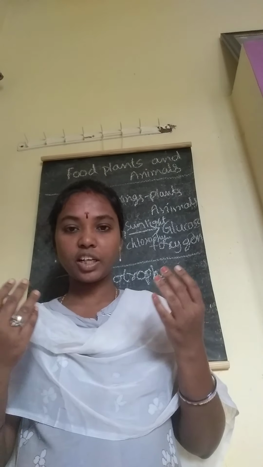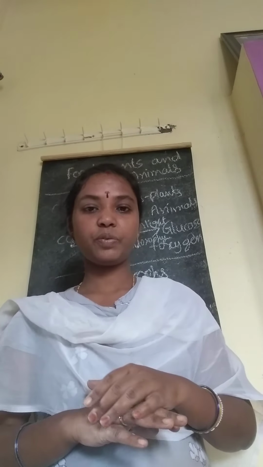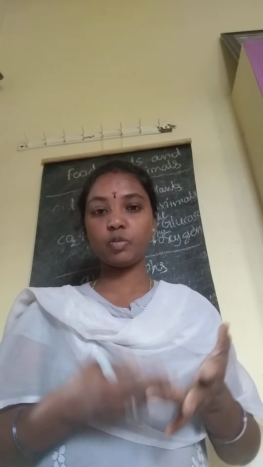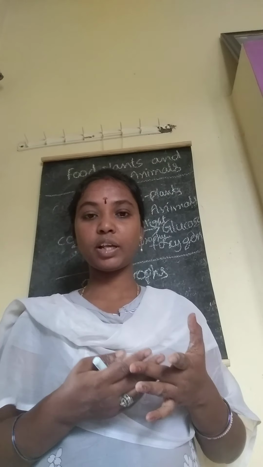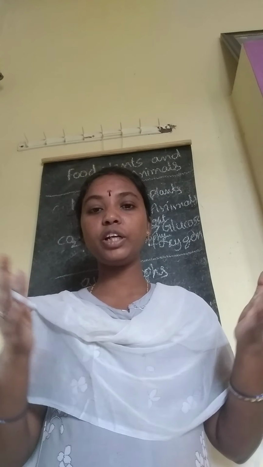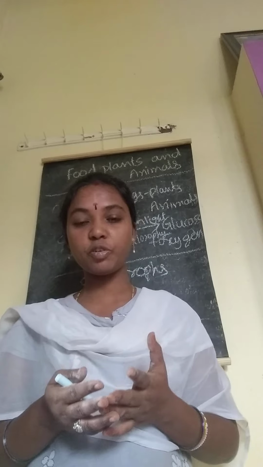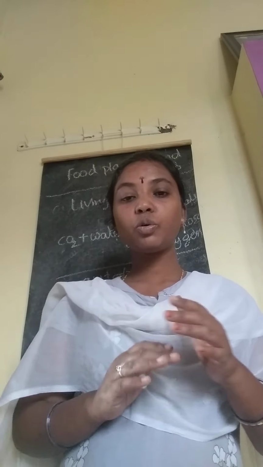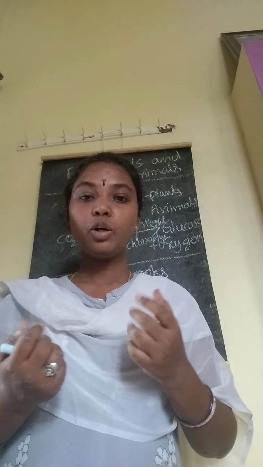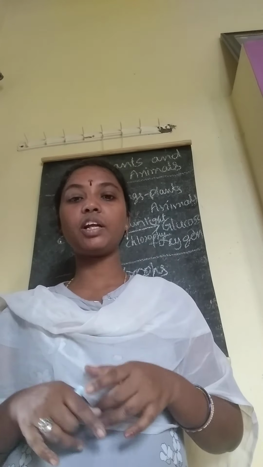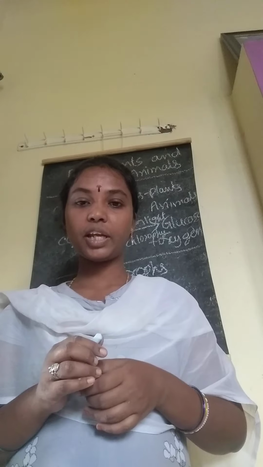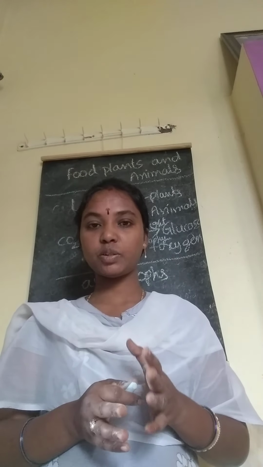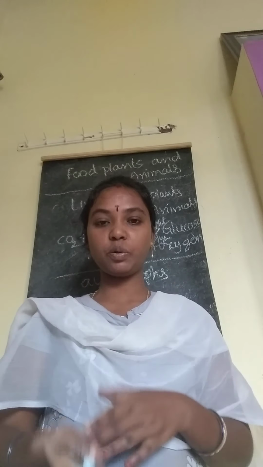We eat different kinds of food: leaves and fruits, animal products, eggs, milk. Why do we eat different kinds of food? To get energy, to get sufficient nutrients for the body, as plants also need nutrients for their growth.